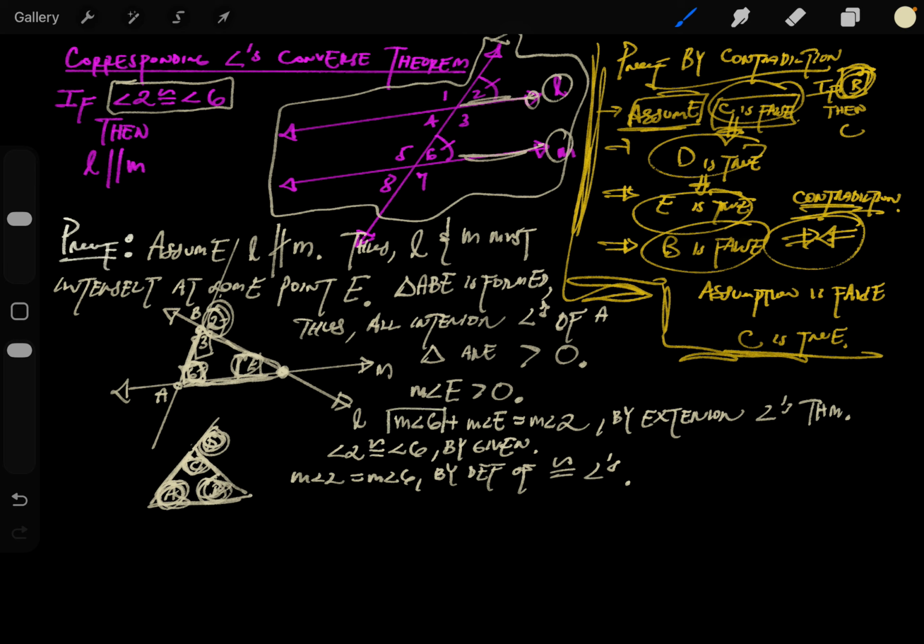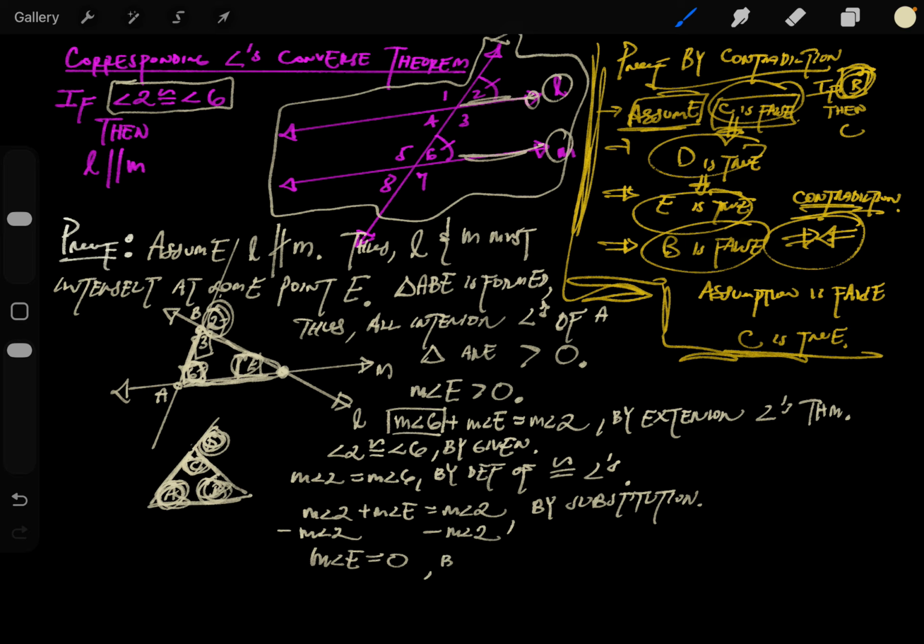Instead of writing measure of 6 here, I could write measure of 2. Measure of 2 plus measure of angle E is equal to measure of angle 2, by substitution. And then by subtraction, you get that the measure of angle E is 0, when I subtract measure of angle 2 on both sides.